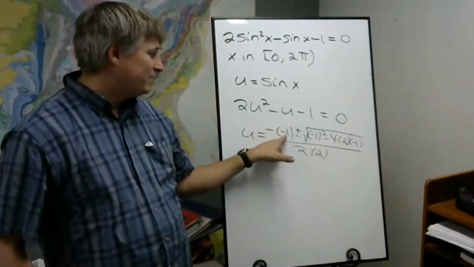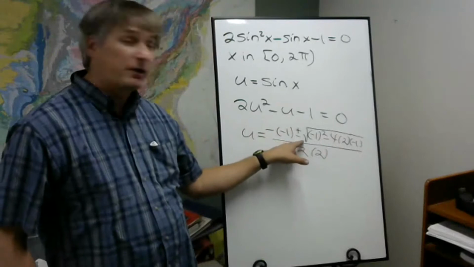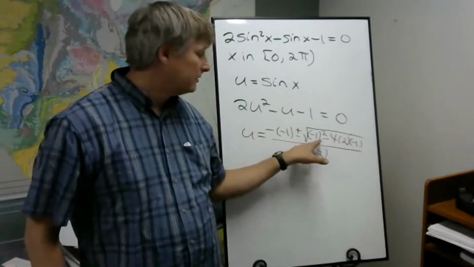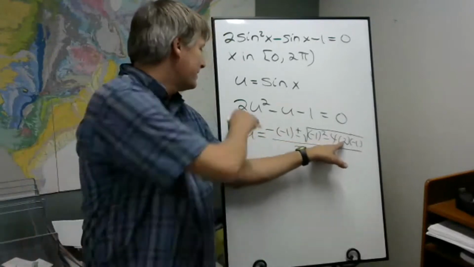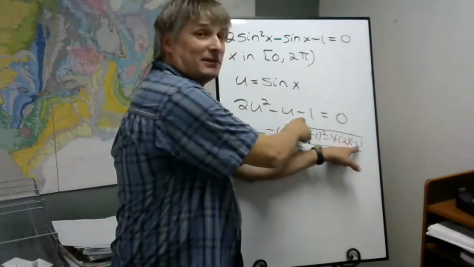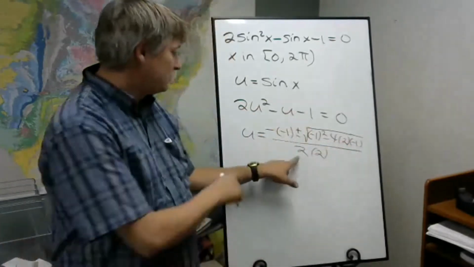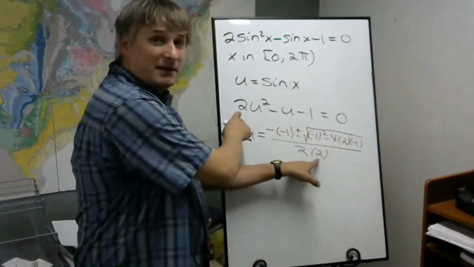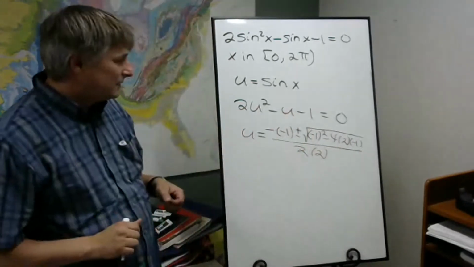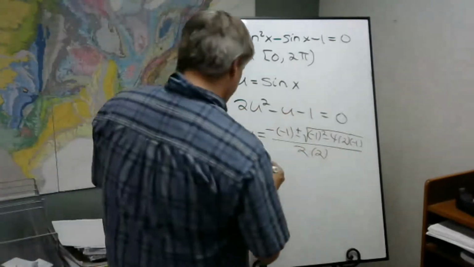So negative b plus or minus the square root of b squared minus 4 times a times c, divided by 2 times a. So simplifying down.